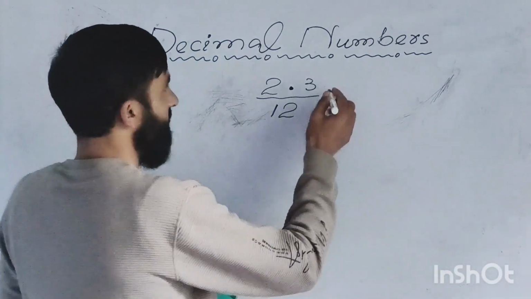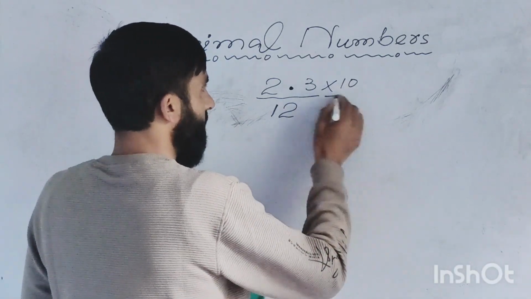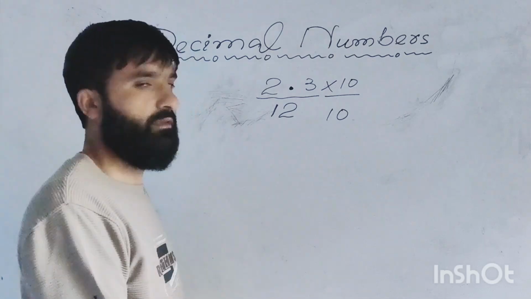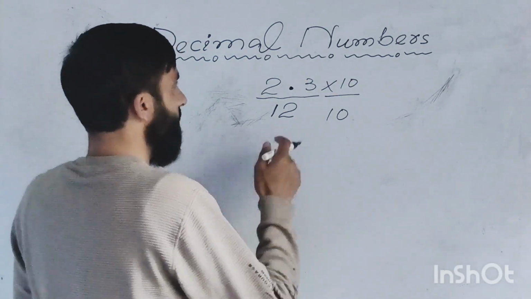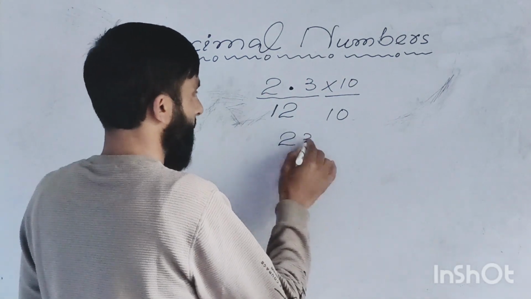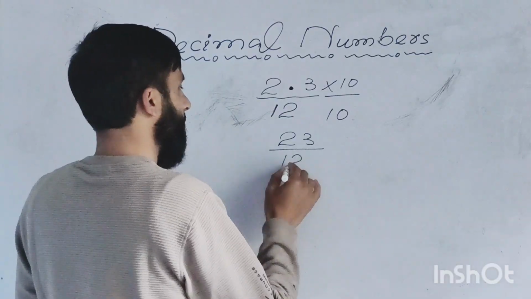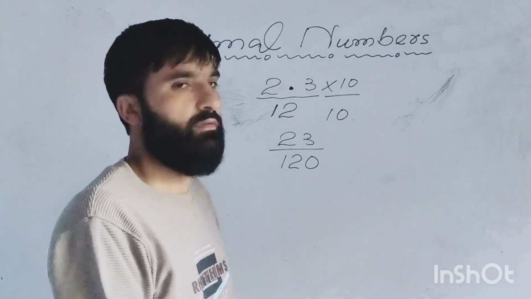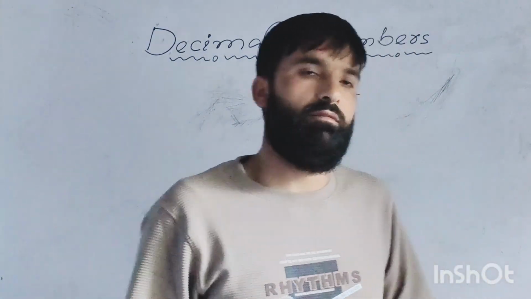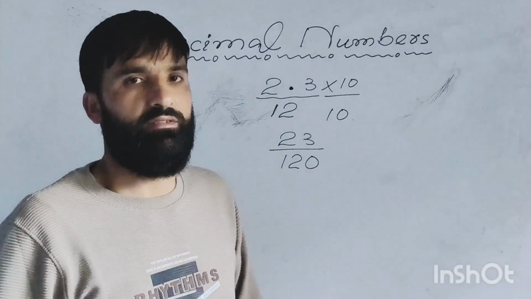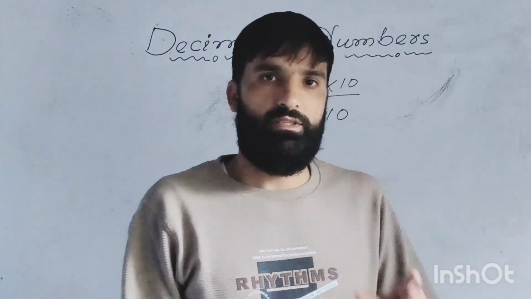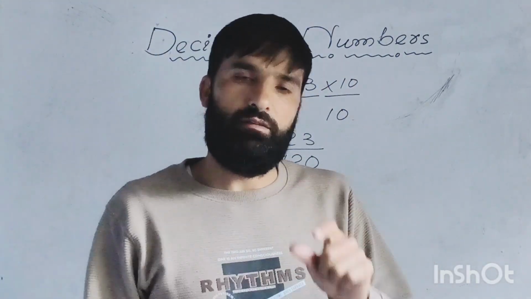So for that, I will multiply this by 10, and the same 10 will come in the denominator. So my new number will now be 23 divided by 120. This is now easy for me to divide. Now I will divide 23 by 120. Okay, so this is the procedure if we have to divide.